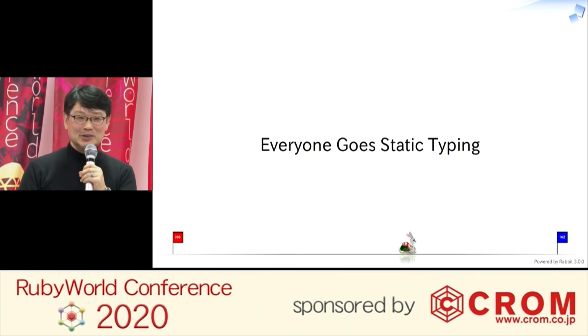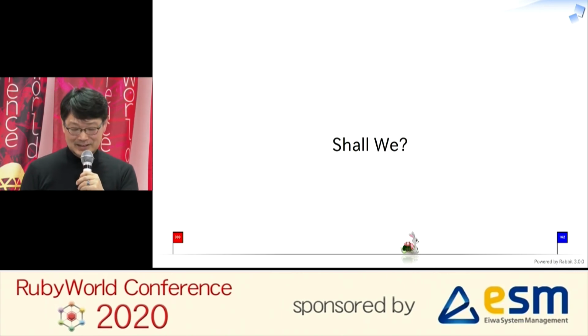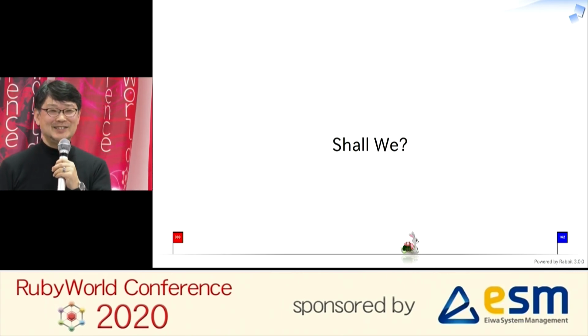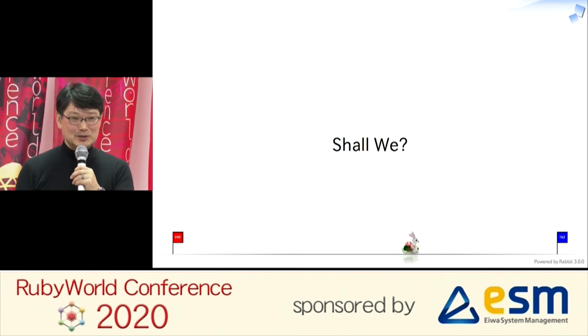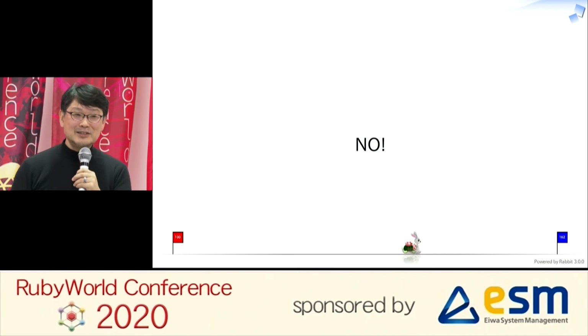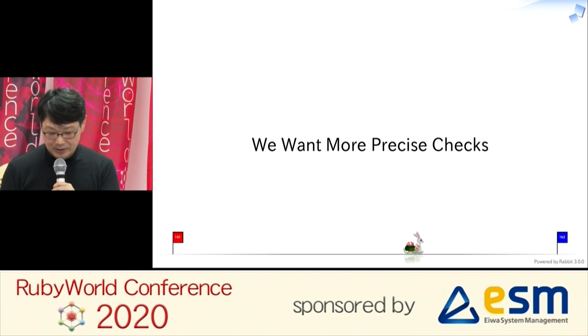Then our rival languages go to static typing, and we wonder whether we should go or not. You know the answer. My answer is no, because Ruby is positioned differently from other languages.